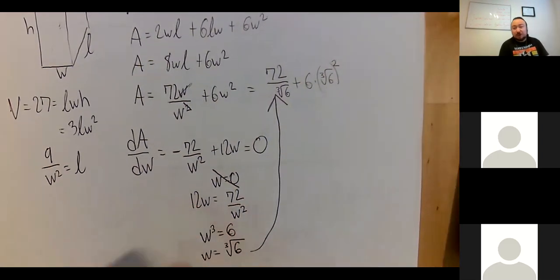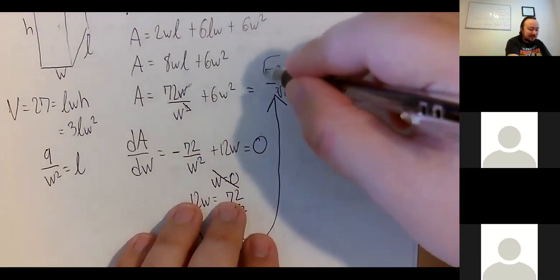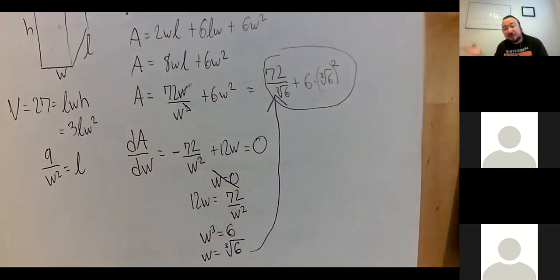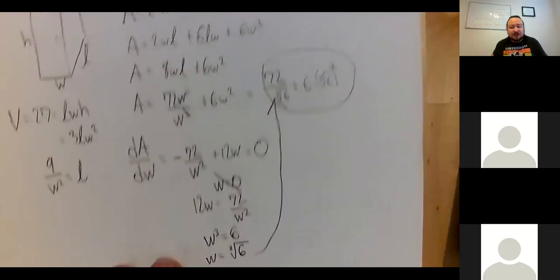All right, and there we go. And whatever that ends up being, I don't know what number that is, but that's going to be our minimum surface area. So that's what I get for making up numbers on the spot. The answer is really ugly. But there we go. So there's our minimum surface area for this box.